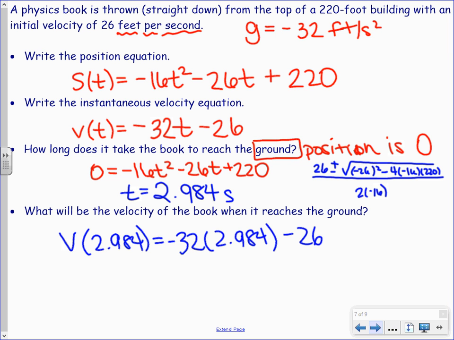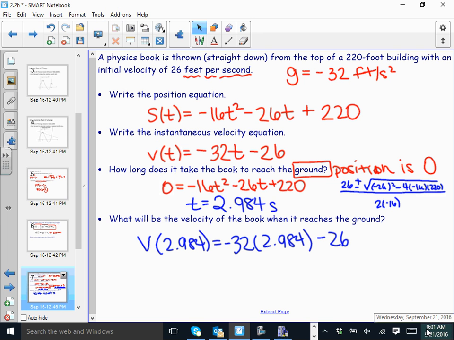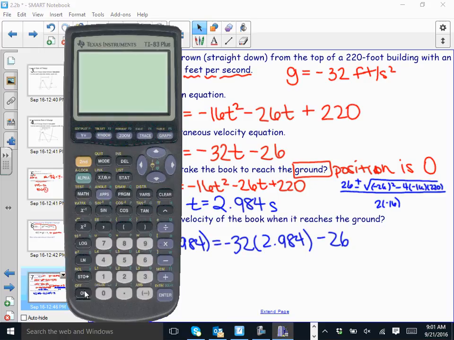Now, I'll remind you of some things about your calculator. When you did the quadratic formula, you did 26 minus the square root, divided by negative 32, right?